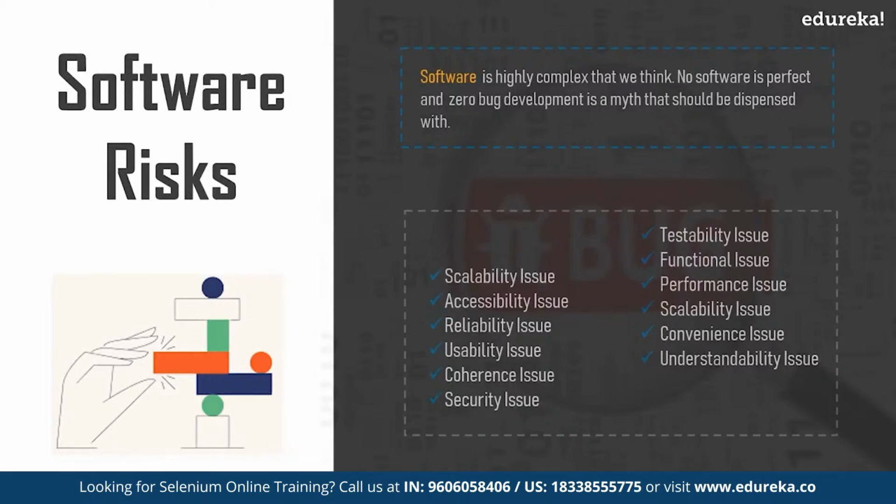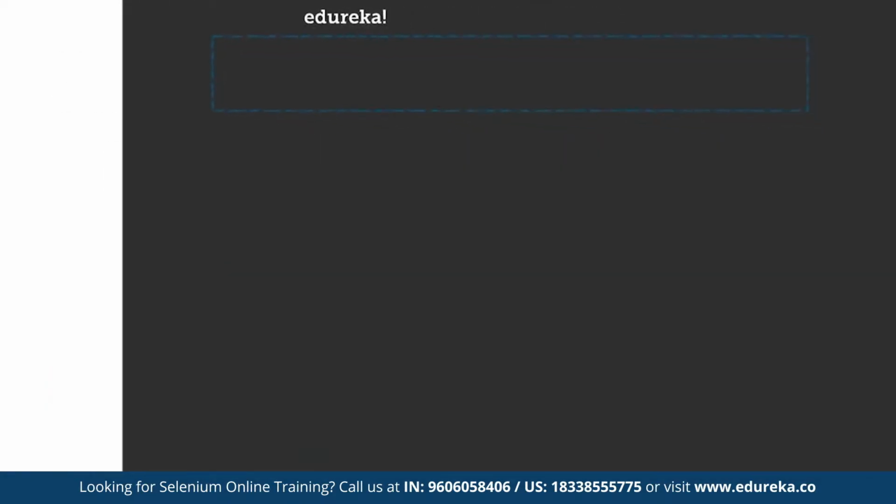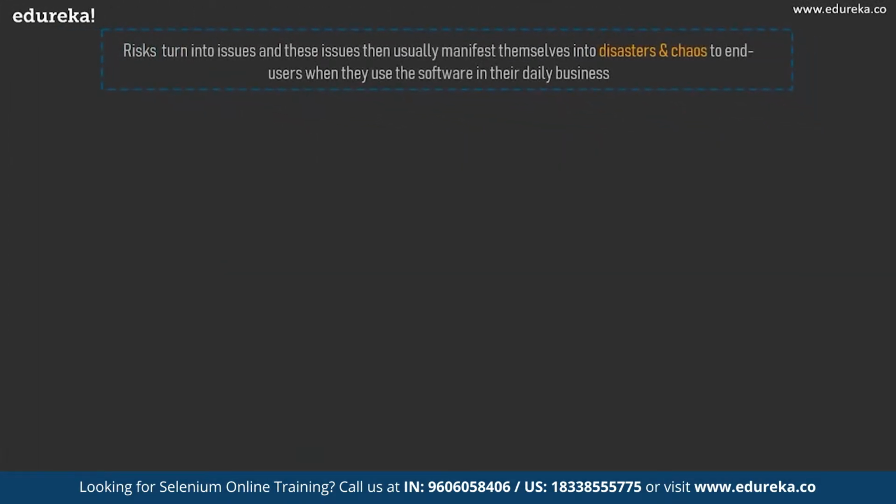And there are a lot of risks involved in software. By risk, I just mean anything that can potentially cause a loss of something of value. This can include functional issues, scalability issues, reliability issues, security issues, performance issues, or any other thing.